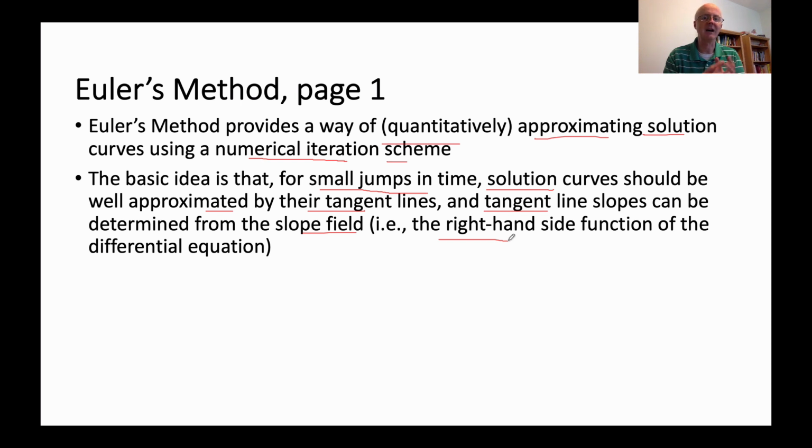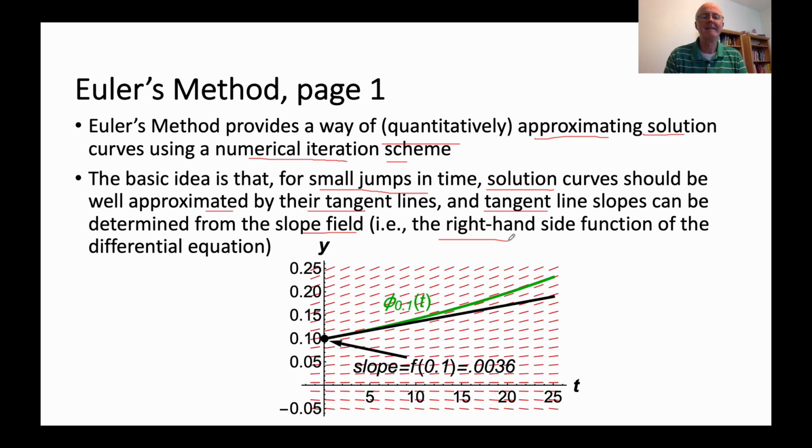I didn't emphasize that a ton, but I really emphasized it in lecture 24. So here's a picture of a zoomed-in version of phi sub 0.1 of t, the green graph here. At time 0, if you plug in the second coordinate of this point, y equals 0.1, into the right-hand side function of the differential equation, you can double check, you'll get 0.0036 thousand fish per month.